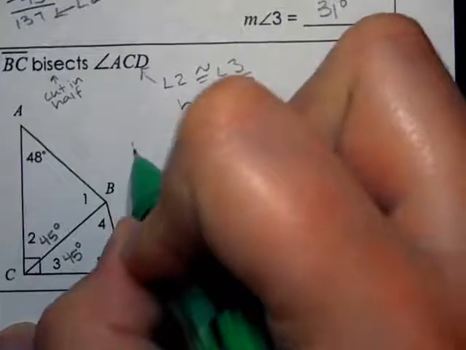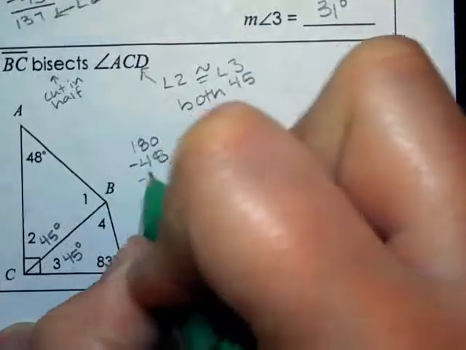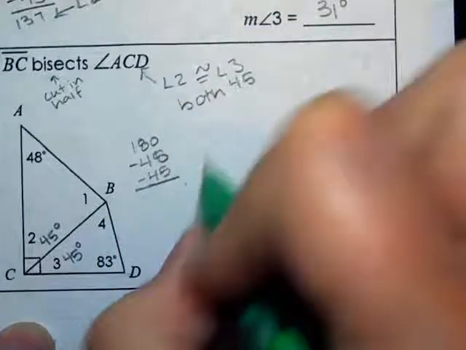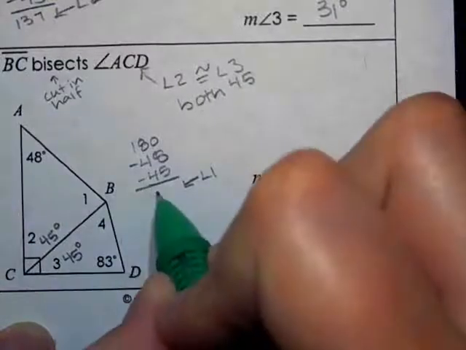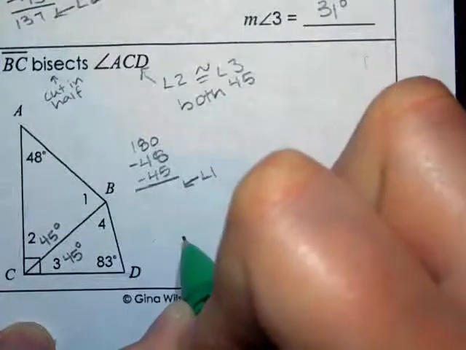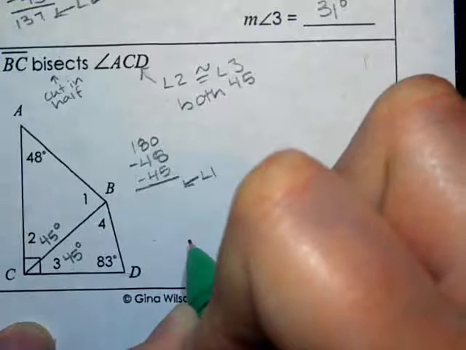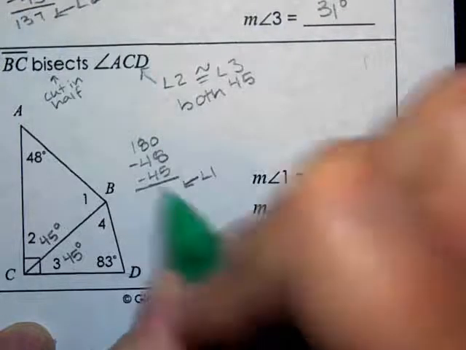So we'll do 180 minus 48 minus 45. And what is the measure of angle 1? 87.